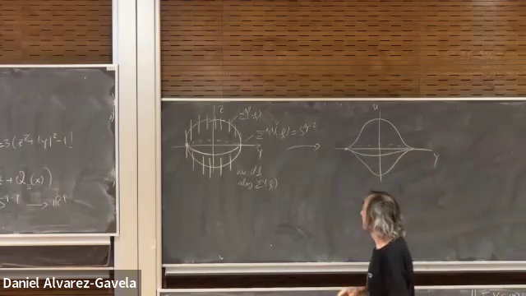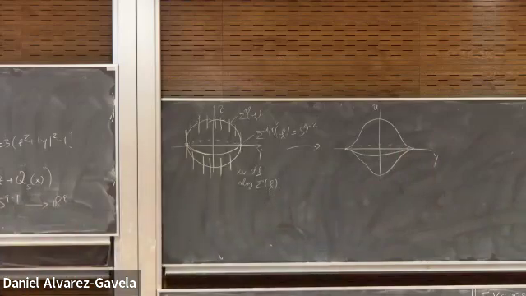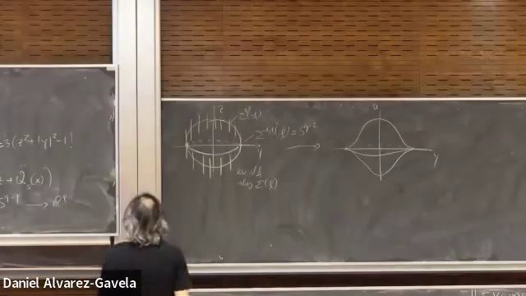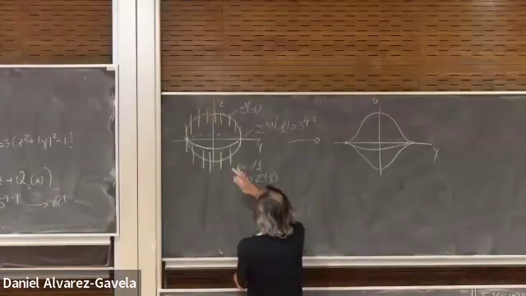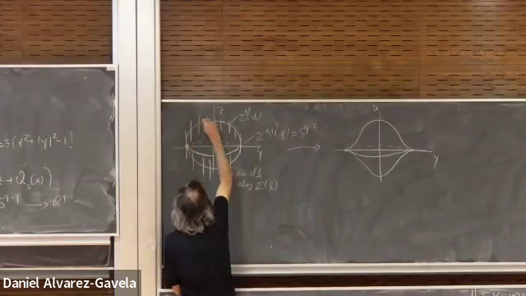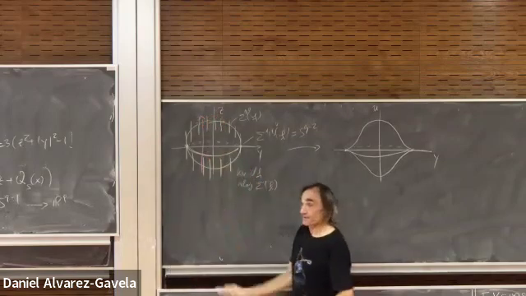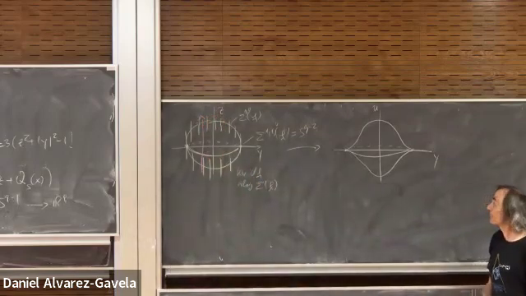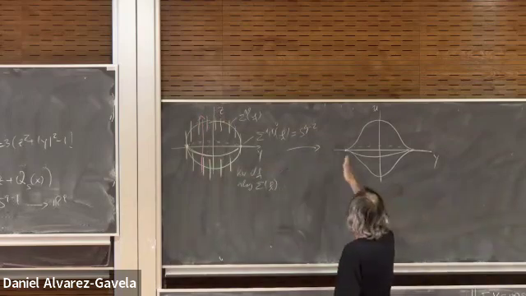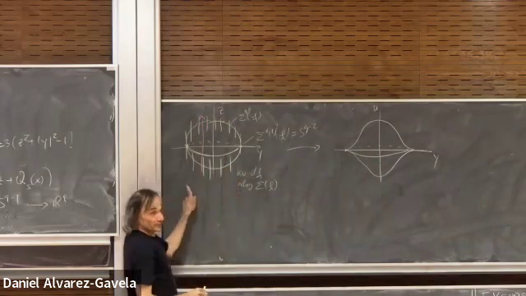Now I want to do one more thing to this picture, which will be important. If we restrict ourselves to some fixed value of y, and we look at what's happening as we traverse this from bottom to top, then this is just a function of z.